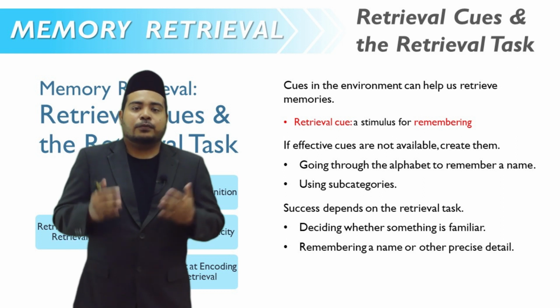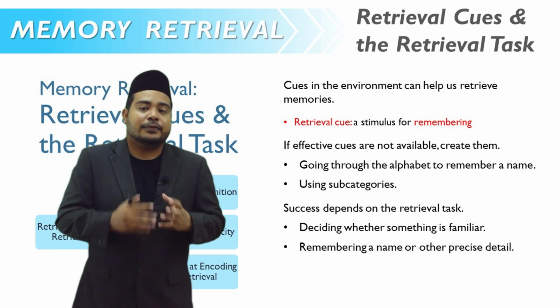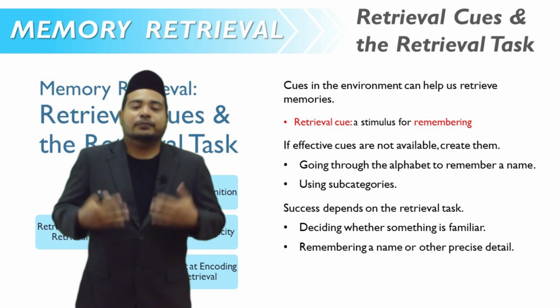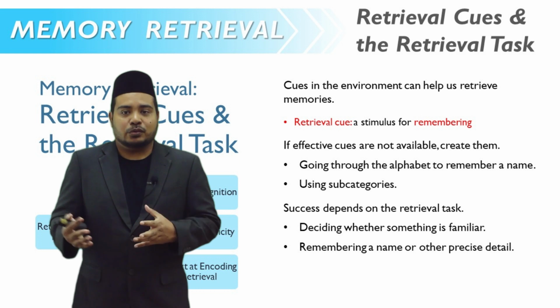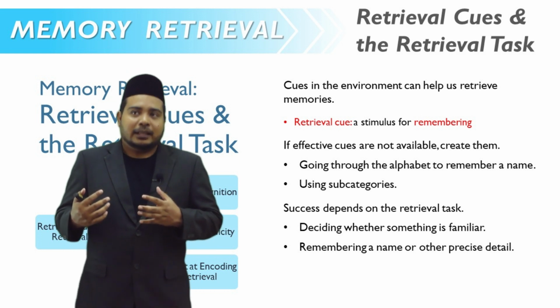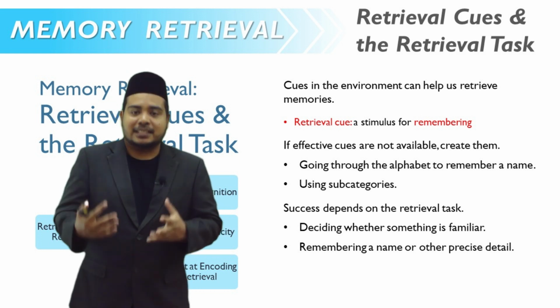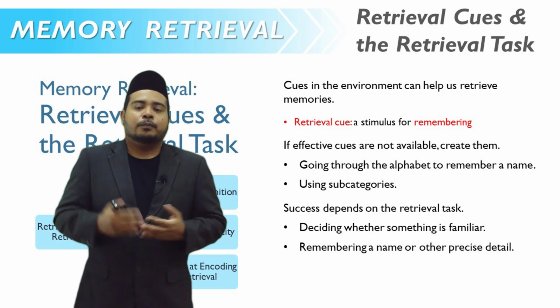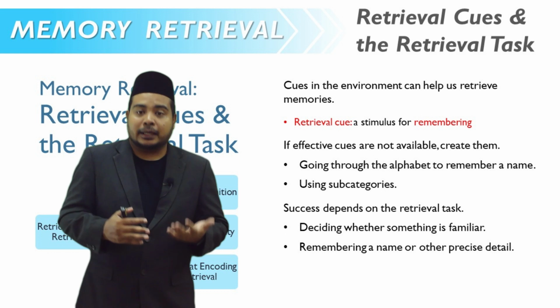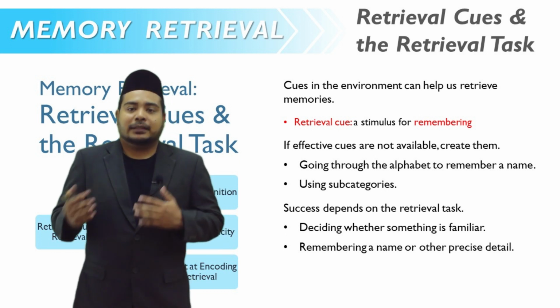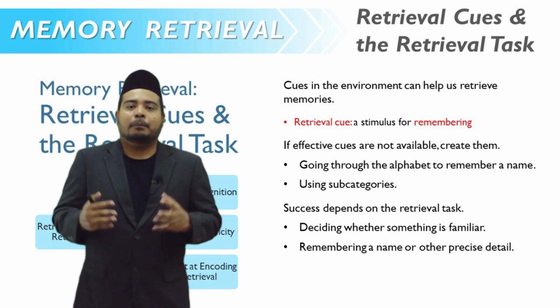If effective cues are not available, we are advised to create the cues so that we can recall more easily or efficiently. For example, we go through the alphabet to remember a name, or use subcategories to remember a concept.